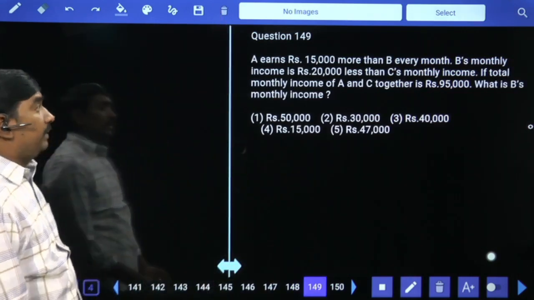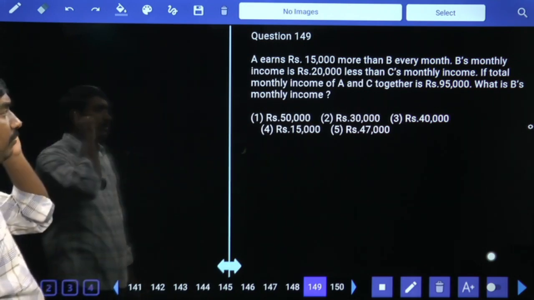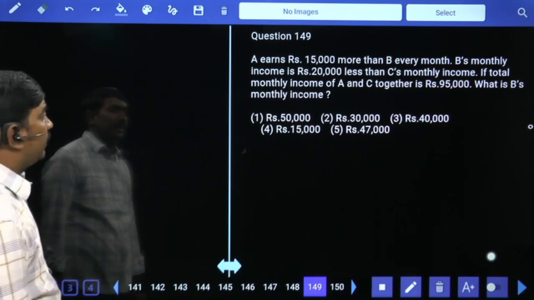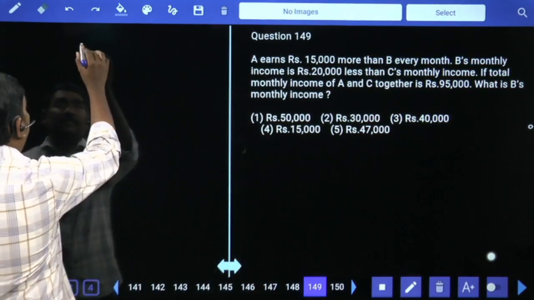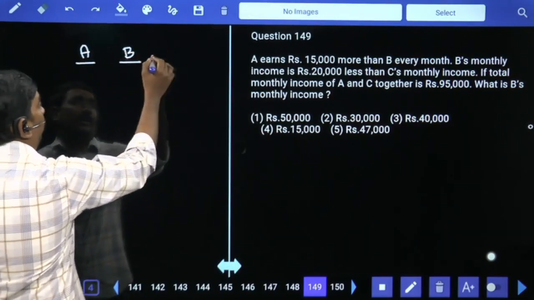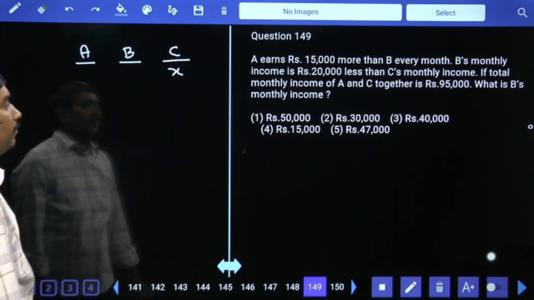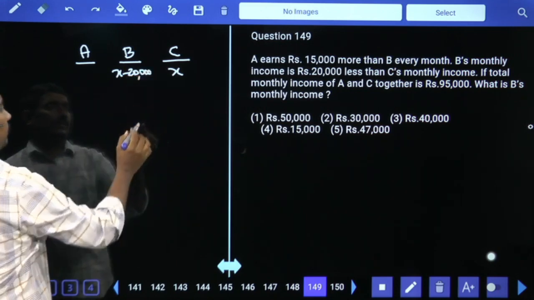A earns 15,000 more than B every month. B's monthly income is 20,000 lesser than C's monthly income. Total monthly incomes of A and C together is 95,000. What is B's monthly income? A, B, C. If C is X, B's income is X minus 20,000.